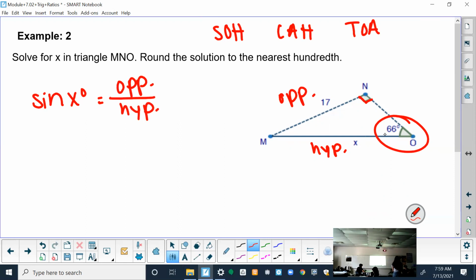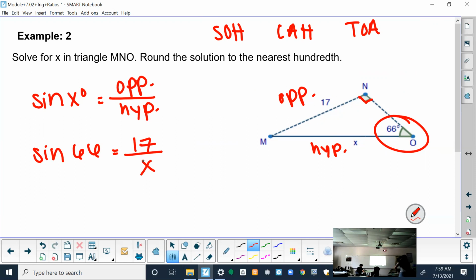All right, it does give us an angle, so we're going to plug that in here. Don't confuse it with this x, all right? This is just like my standard trig function here. So sine of 66 degrees equals opposite, which is 17, over hypotenuse, which is x.